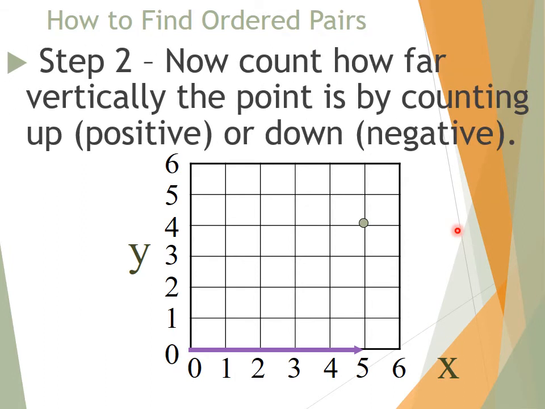Next, the second step is to count how far vertically the point is by counting up for positive values or down for negative values. Again, we can see that the point is on the positive side of the y-axis. Therefore, we will move upwards, right?